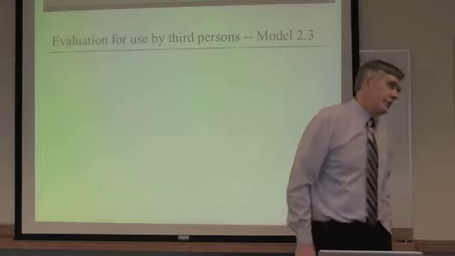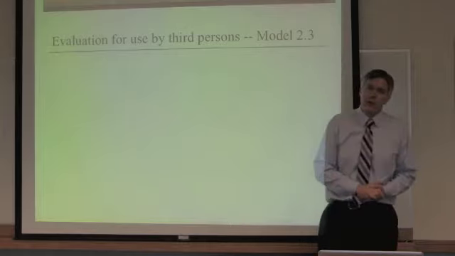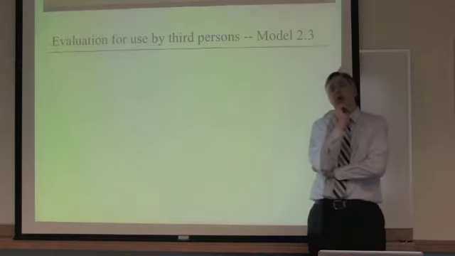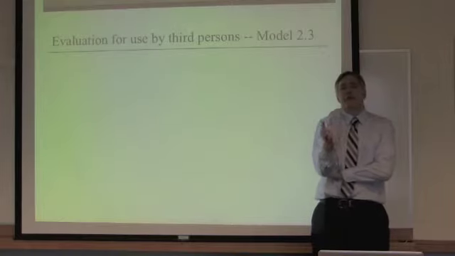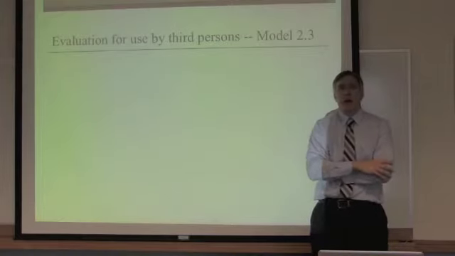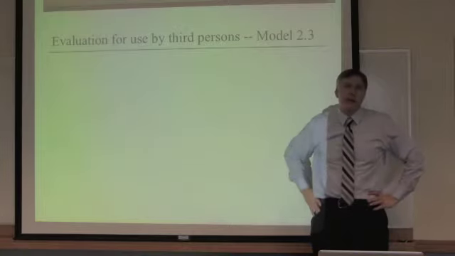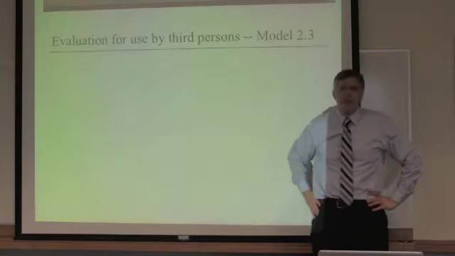All right, sometimes lawyers prepare evaluations for use by third parties. This could be, let's imagine that 50 years from now, one of you comes back and the University of Oregon is trying to sell this building, right?